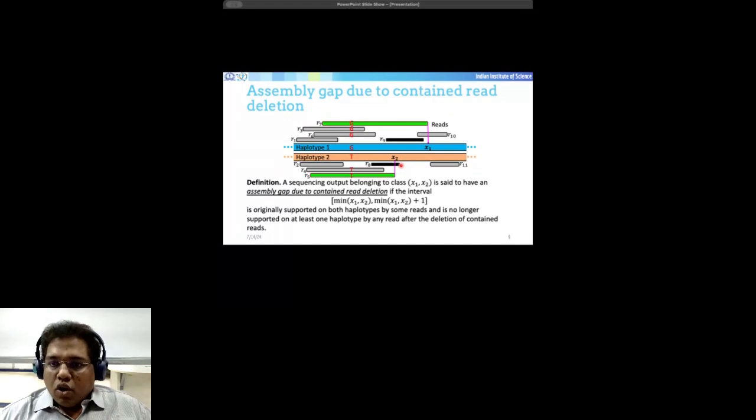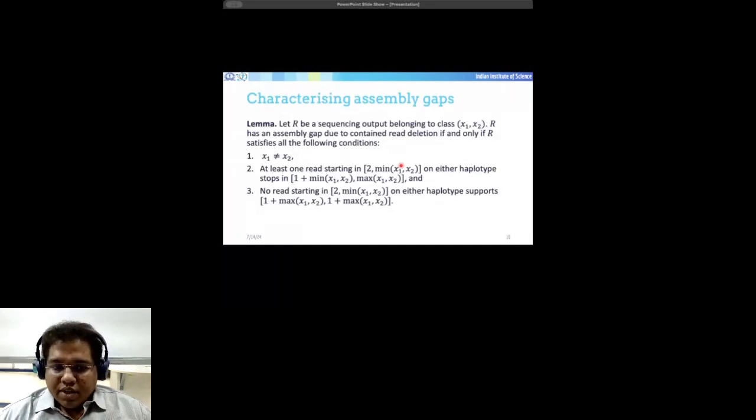So how do we count all the outputs that actually contain an assembly gap? We will do that by characterizing all sequencing outputs in class x1, x2 that contain an assembly gap due to contained read deletion. And we achieve that with this lemma. I have identified three conditions which will guarantee that a sequencing output contains an assembly gap.